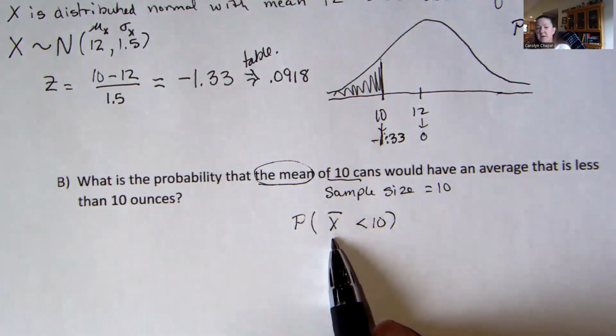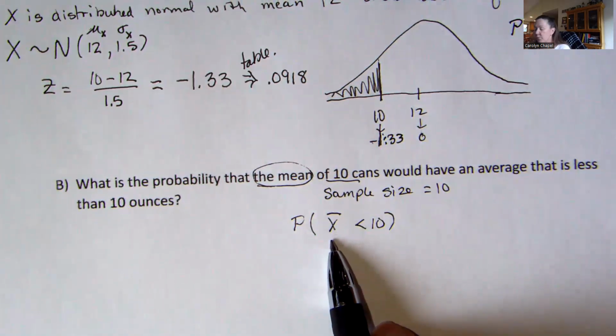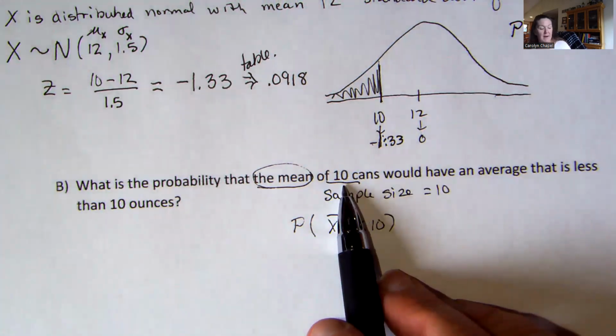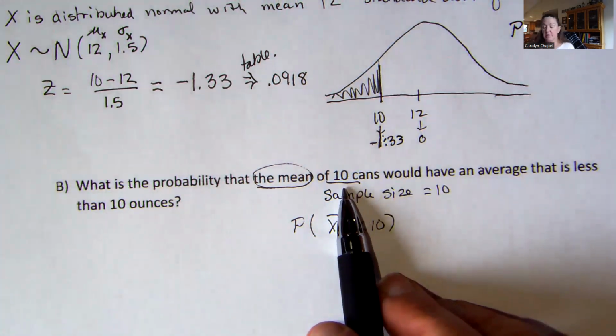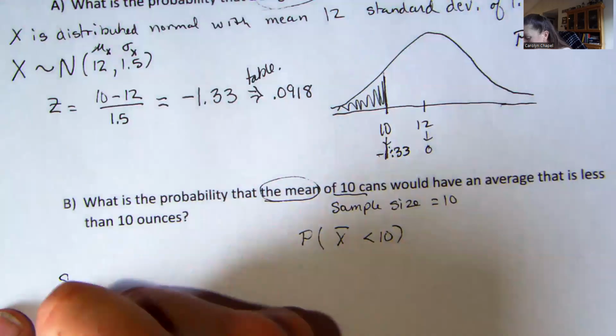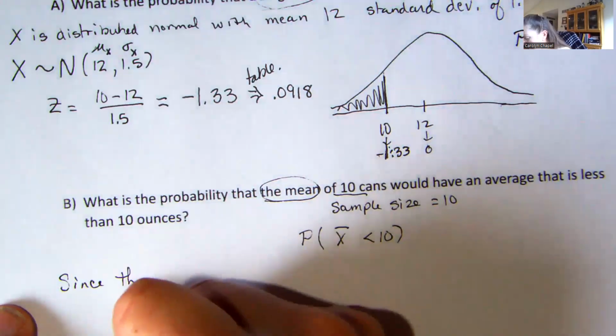Now, we have to be a little bit careful because when we're looking at X bar, we have to make sure that we're still considered normal to keep moving forward. We don't have more than 30 cans, which would automatically put us at normal by the central limit theorem. But we're still okay because our original distribution was normal.